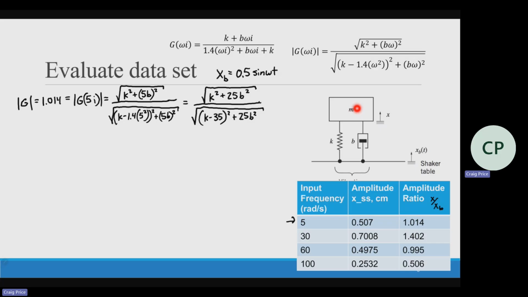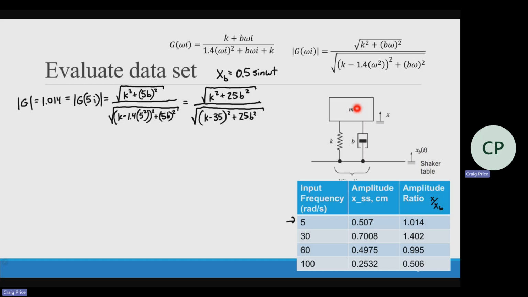Now what I have to do is take this over here. Maybe I square it. I just try to get an equation, because once I get one equation, I'm going to do the same thing at different frequencies until we have enough equations to solve for the unknowns.